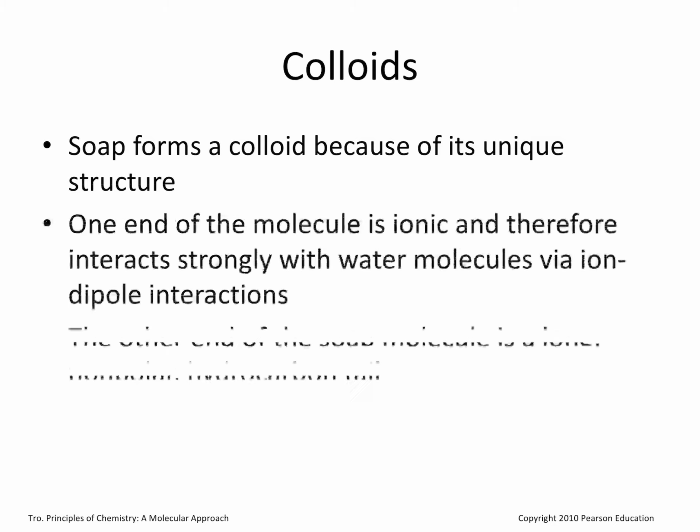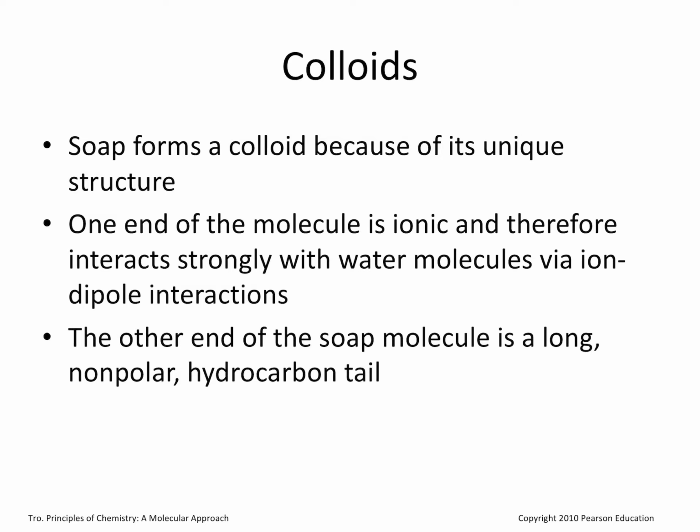So soap forms a colloid because of its unique structure. One end of the molecule is ionic and therefore interacts strongly with water molecules via ion-dipole interactions. The other end of the soap molecule is a long hydrocarbon tail. So soap looks something like this.